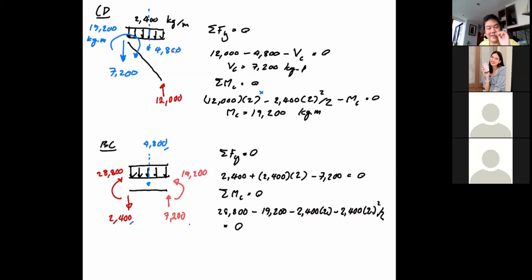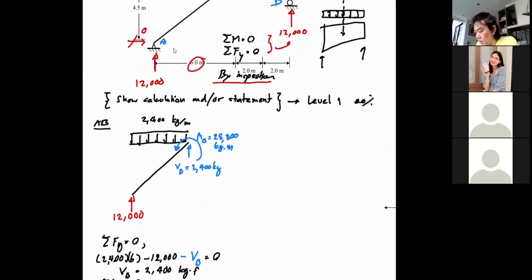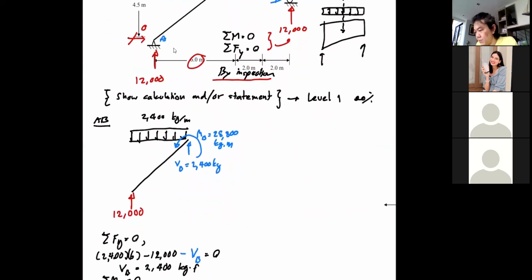So this is getting a little bit more difficult to get, but I can say now that the complete free body diagram, no, this is not yet. Hang on. To have the complete free body diagram for this, I should say your uniform load here should be turned into the load perpendicular to the member as well.